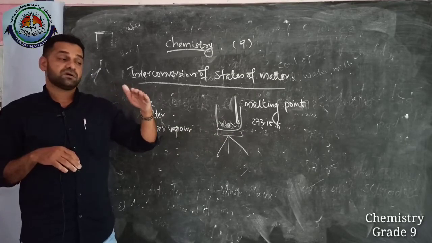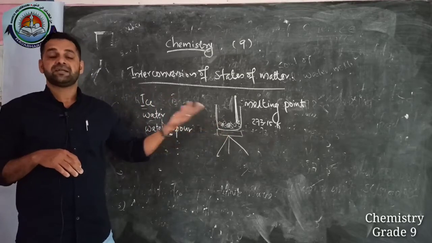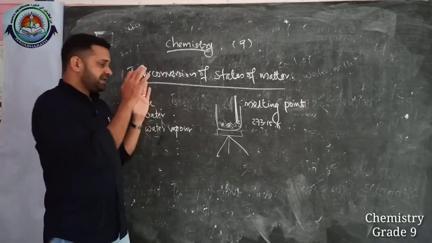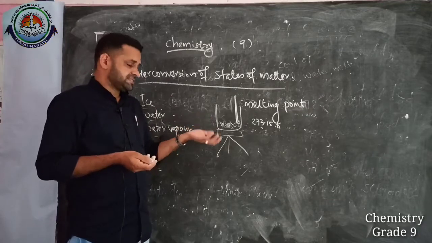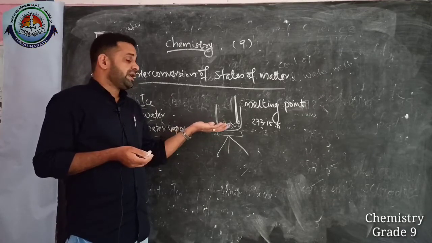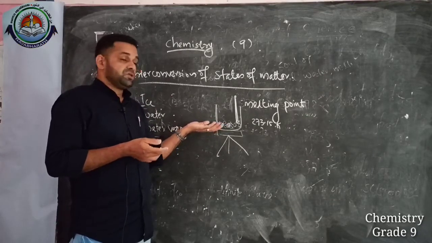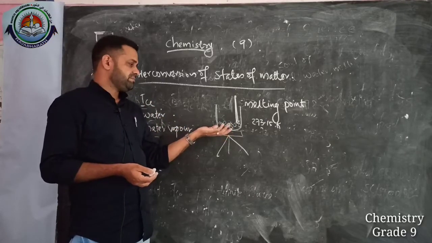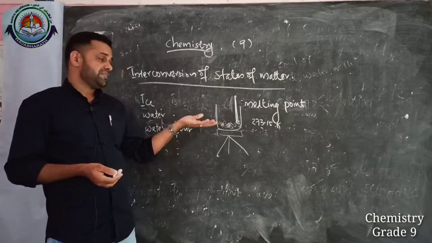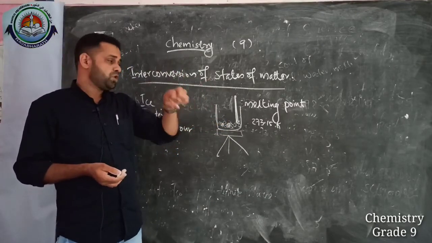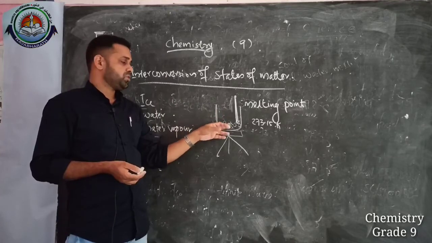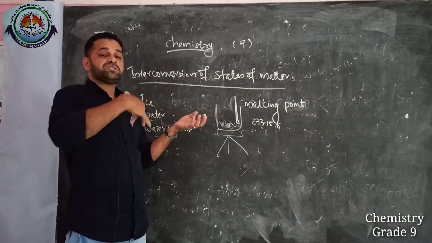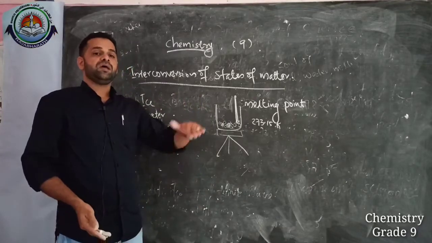So that extra heat is utilized for changing the state. That heat is absorbed by the ice cubes or solid particles, and they utilize that heat for changing their state, that is from solid to liquid state.